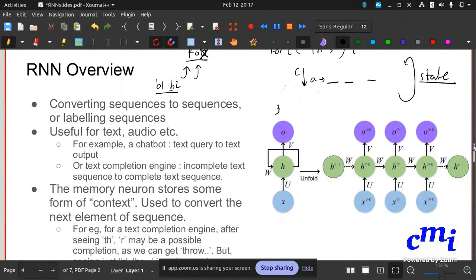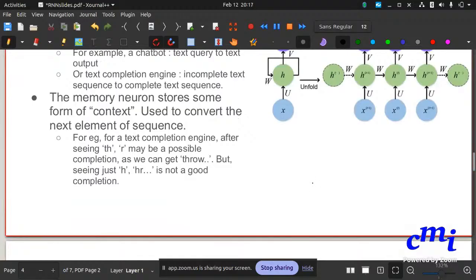RNNs are basically just the natural way of creating an architecture that will do this, right? So what we do is we have a network, and it's going to be a loop. So let's imagine running one iteration of the loop as a neural network. It's going to take in an element of my sequence, let me call it xi, which goes to these few neurons of the network.